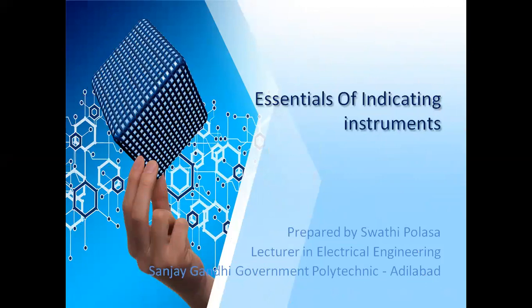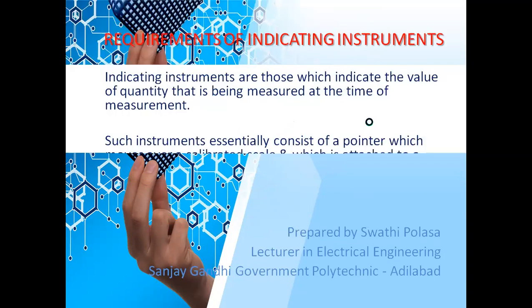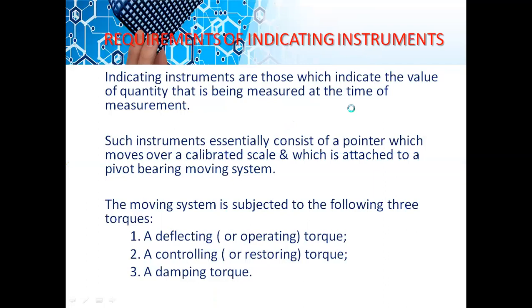Let us have a look at the first slide: requirements of indicating instruments. Indicating instruments are those which indicate the value of the quantity that is being measured at the time of measurement.